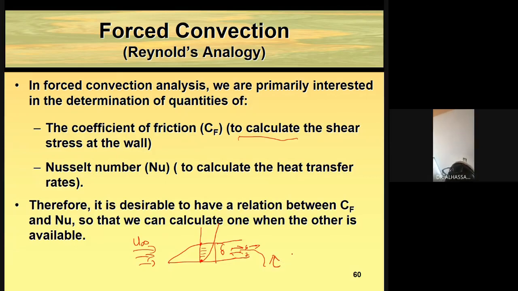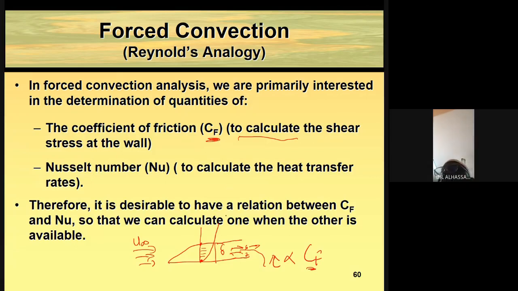This tau is always a function of the skin friction, the coefficient of friction. As long as the velocity is changing in this region, the shear force will also be changing, and consequently there will be a coefficient of friction between the fluids.